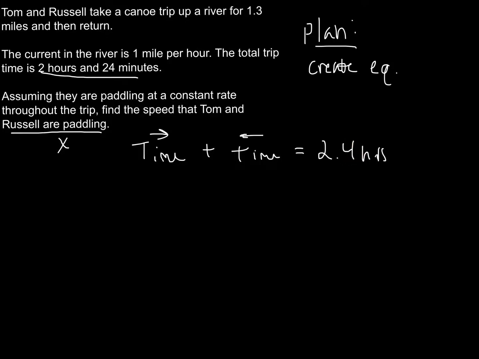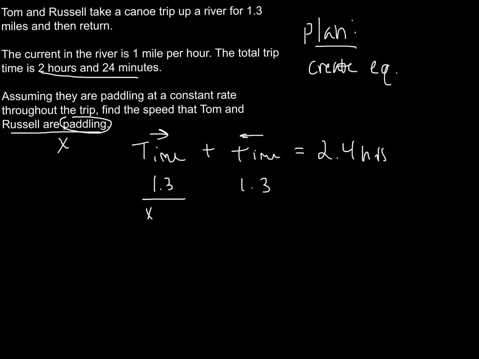And how do I find the time? Well, time, of course, is distance divided by speed. The distance on the way there was 1.3 miles, and the distance on the way back was 1.3 miles, of course. And what was their speed on the way there? Well, their speed was made up of two things: the speed they're paddling, which is x, and the speed of the current.